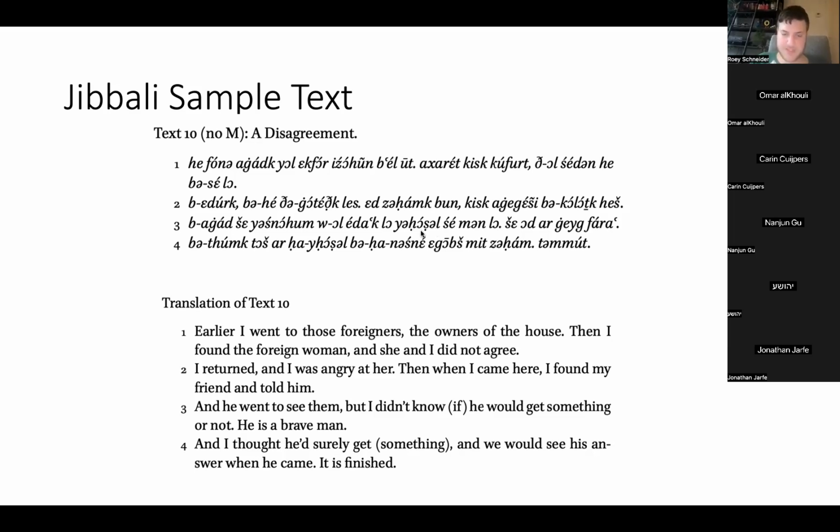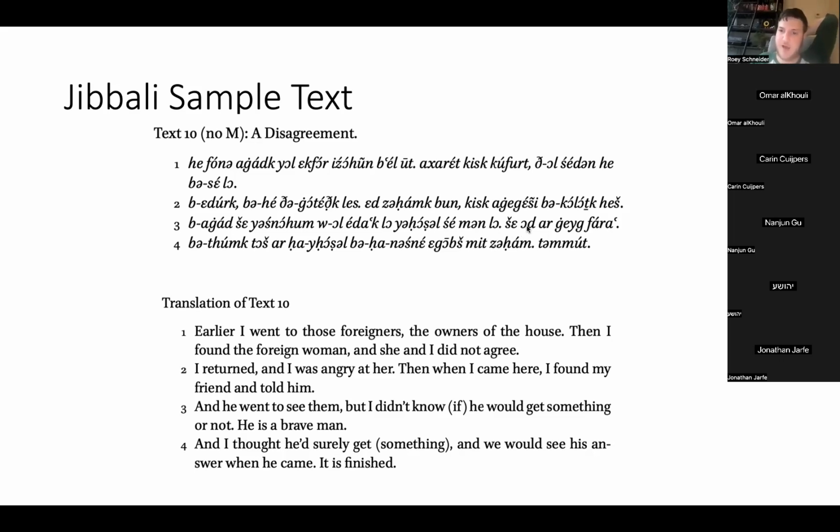Or if he would get something. Oh, so if he would bring, if he would achieve or something like that, like hasal in Arabic. She, something like she, min law, from no. So literally, I did not know if he brought something from not, which means I did not know if he did that or not.